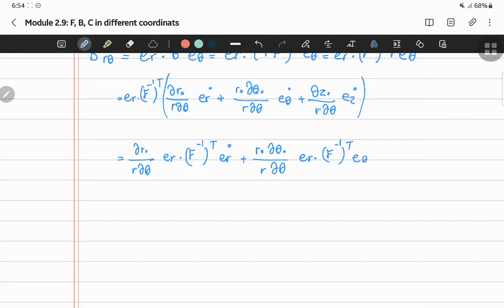Then I have E theta 0 plus partial derivative of Z0 R partial derivative of theta. Then I have ER dot F inverse transpose EZ0.